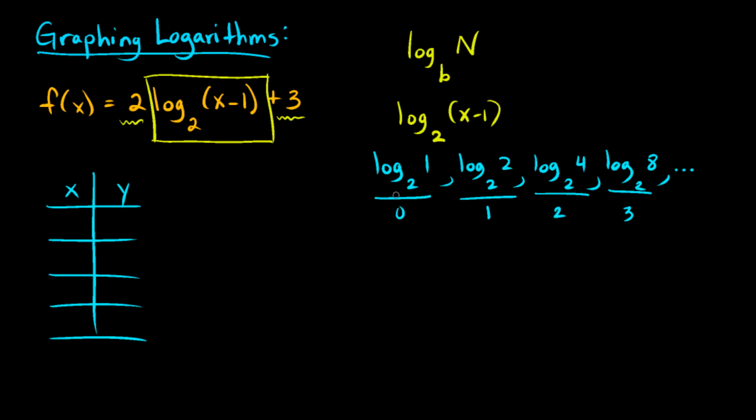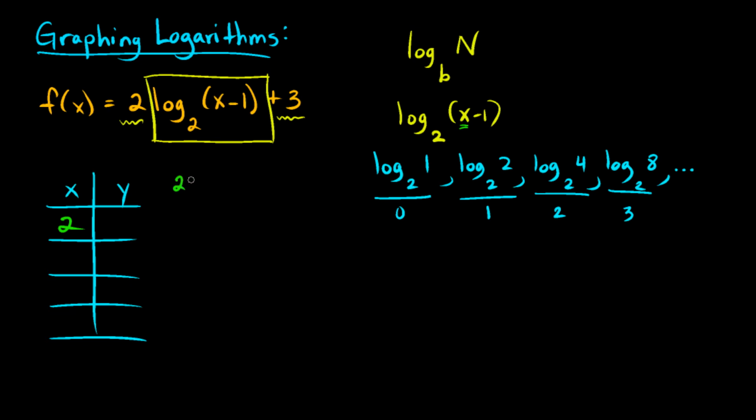How do I create a log base 2 of 1? Well, you ask yourself the question, what value of x minus 1 would give you 1? The answer is 2. So let me show you. If I plug in 2 here, I get 2 minus 1 is 1.